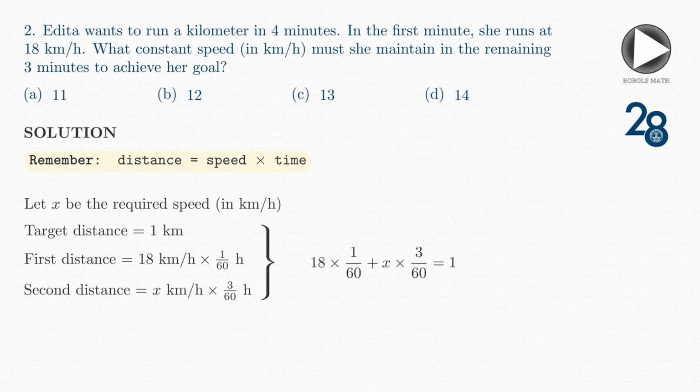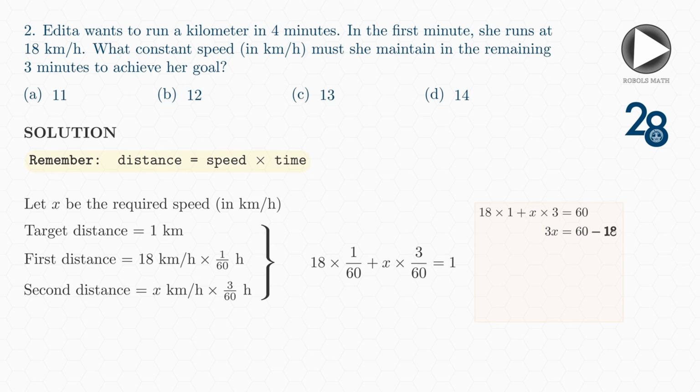Once you've established this equation, all that's left is to solve for x using simple algebraic operations. We multiply both sides by 60 to remove the fractions. We get 18 times 1 plus x times 3 equals 60.